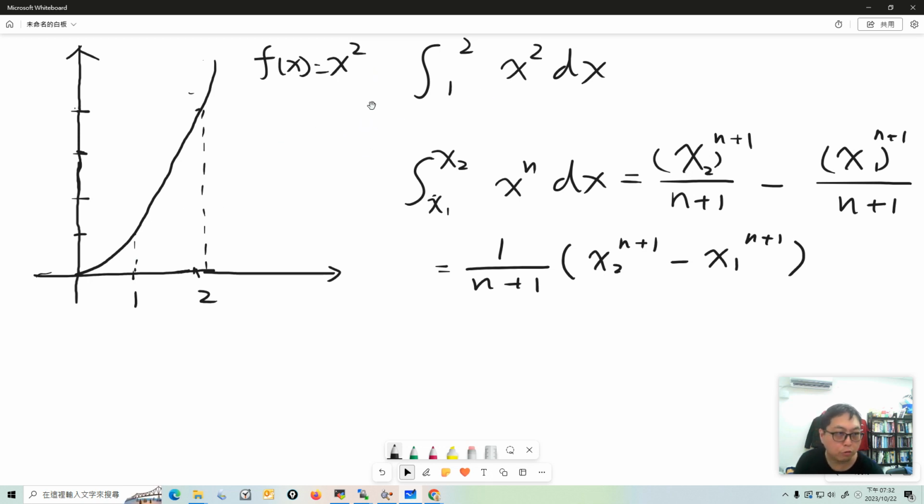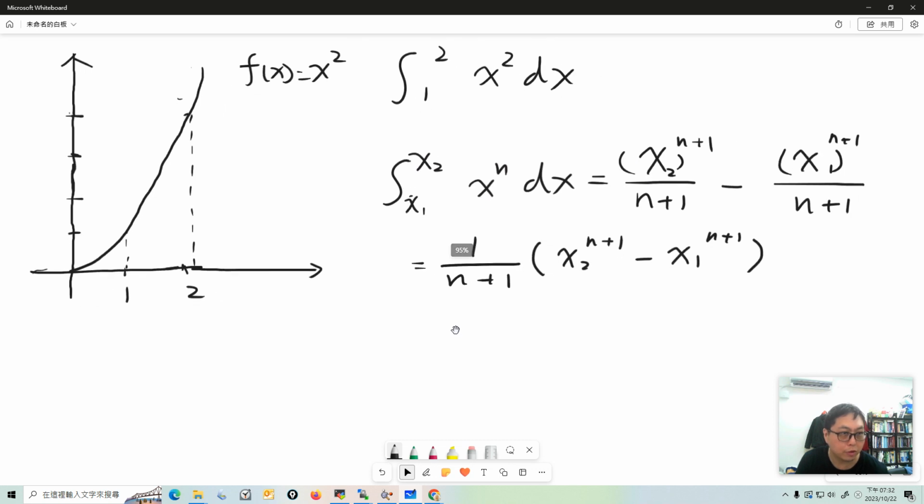Now I'm trying to find the area under the curve between 1 and 2 using integration. Of course, if we apply this formula, we can get the answer easily. But in this video, I want to show the real origin of integration.